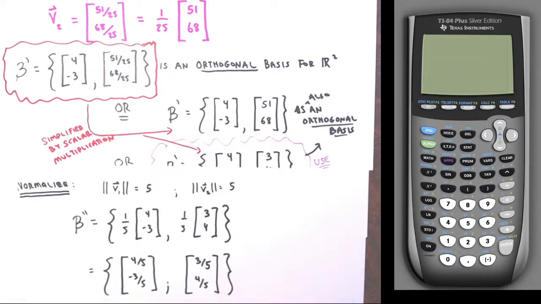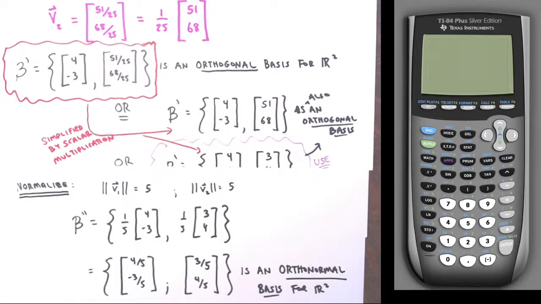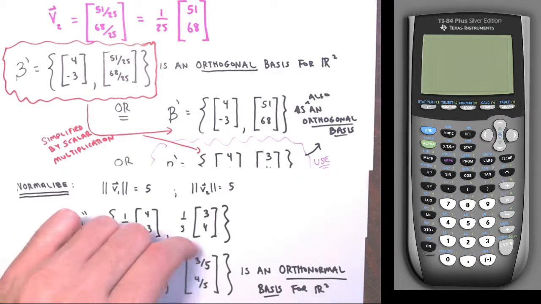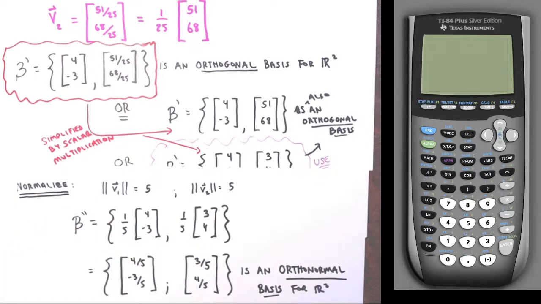This is an orthonormal basis for R2, right? It's orthogonal, their inner product is 0, and they're both unit vectors, and you can double check that. The norm of this would be 1, the norm of this would be 1. Wonderful.